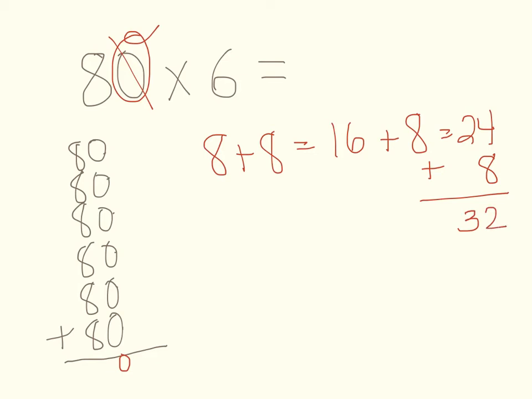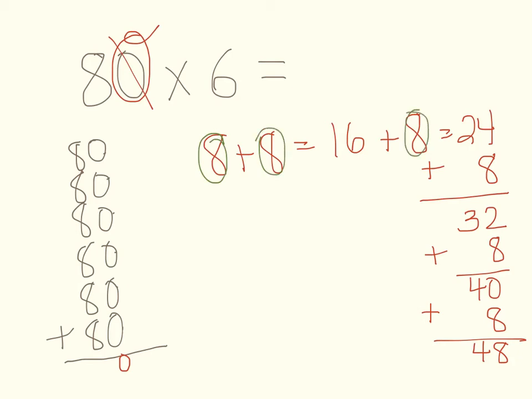I had to think about that one. Plus another 8, 40, plus another 8, 48. So let's count and make sure I have the right number of 8s. I have 1 8, 2, 3, 4, 5, 6 times 8, or 8 times 6, equals 48.